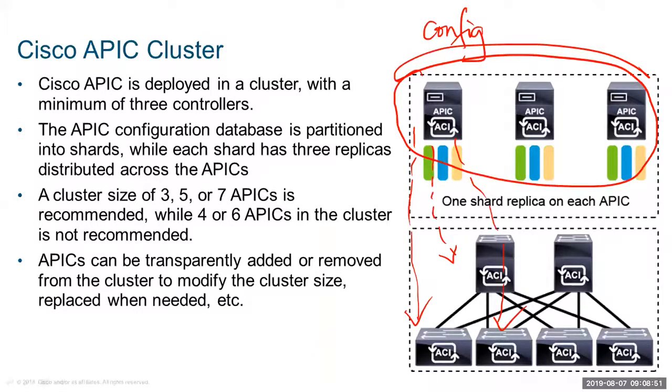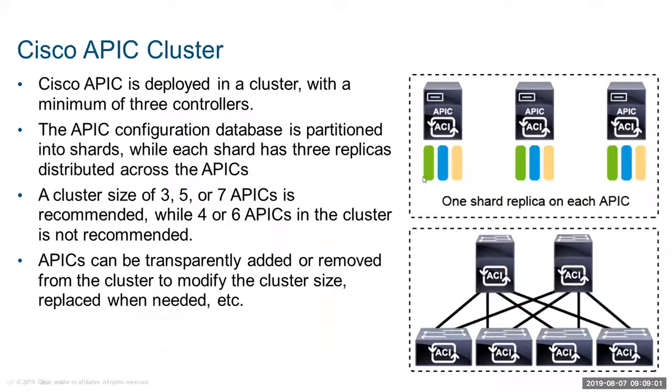By the way, here is an APIC cluster. These are green, blue, and the peach color. They are depicting what is called database shards. And if you read a lot more on database technology, large database systems, Oracle, SQL, Sybase, Informix, they all support a technology called sharding.